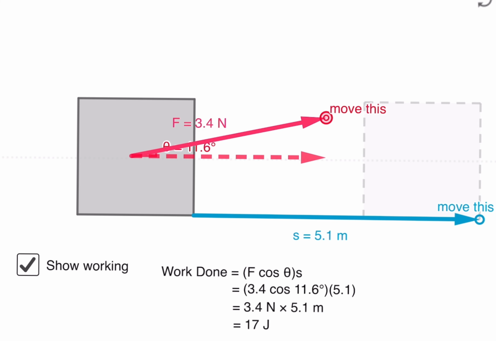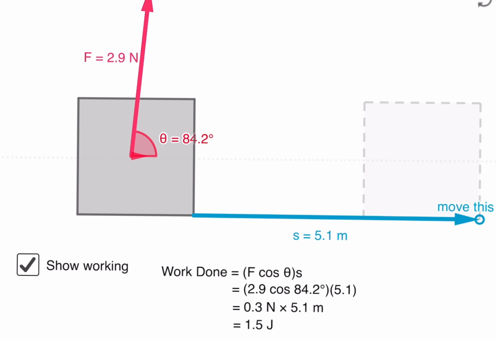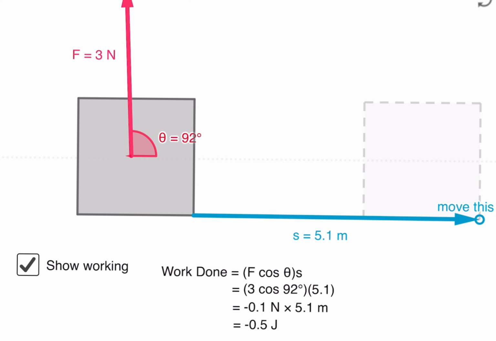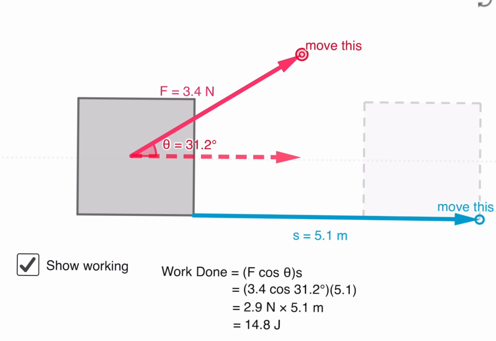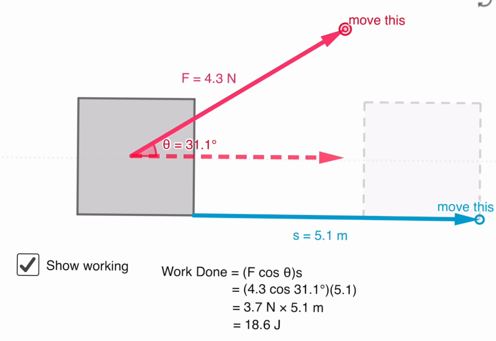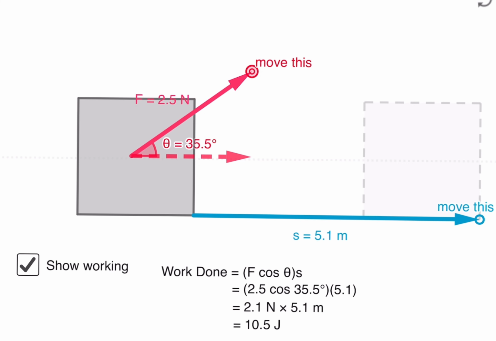But for the same value of 3.4, suppose you have a situation like this, then the work done becomes 0. So it is very important to understand how we can change the value of the work done by changing the force or by changing the direction of the force.